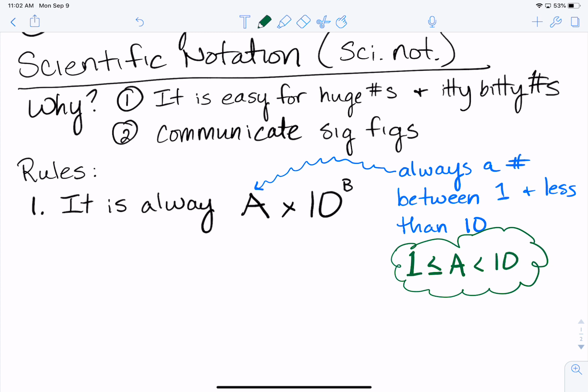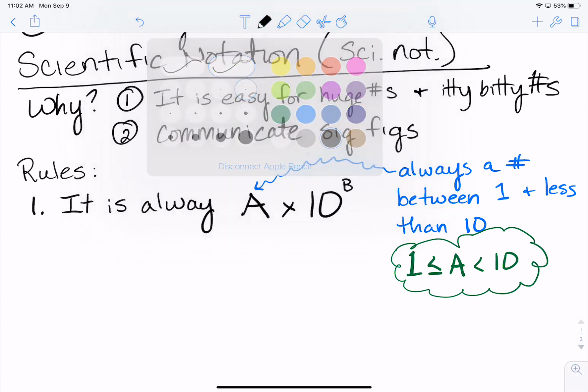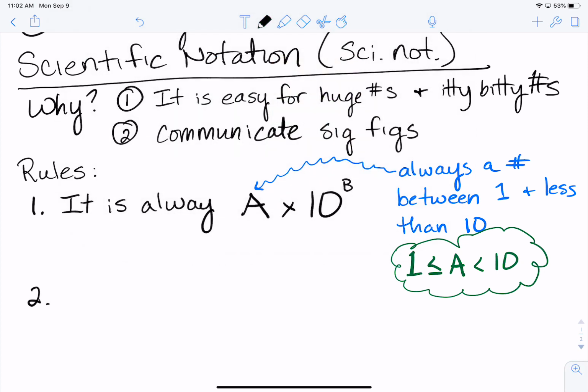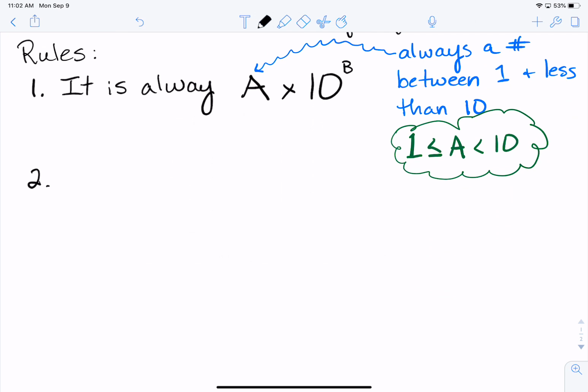All right, the second thing, as far as the little exponent goes, so the b, when I mean b, I mean this little b right here, the exponent right here. So b is always a whole number when you're doing scientific notation. For those of you who are in IM3, maybe IM2, you've probably seen fractional exponents, that's fine.